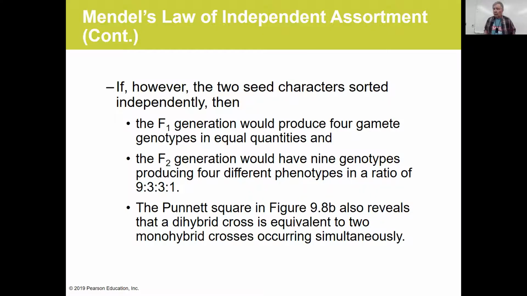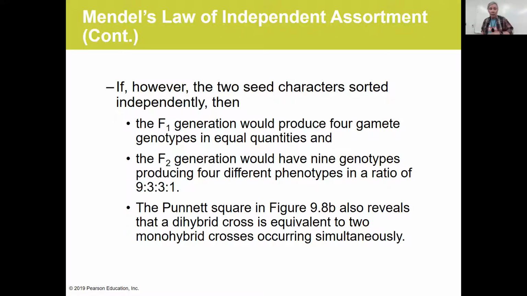So it really works out to be 56% for one phenotype, about 18.75%, or 19%, for each 3/16, and 1/16 is 6%. So if you have a dihybrid cross and you get this 9:3:3:1 ratio, you say independent assortment.